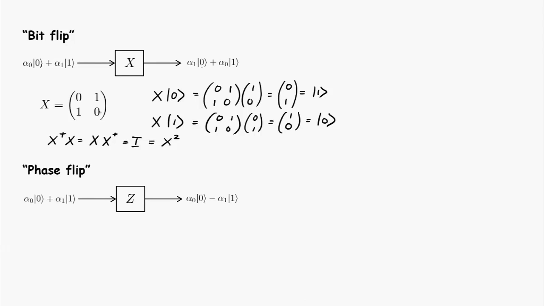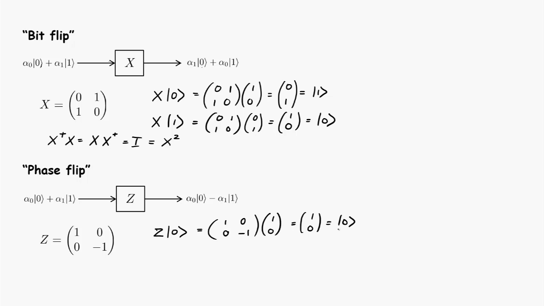Our second gate is the phase flip gate, which is given by this transformation, Z. Again, let's see what it does to the 0 state. It's just this product, which is just the 0 state. So it leaves it alone. What about the 1 state?